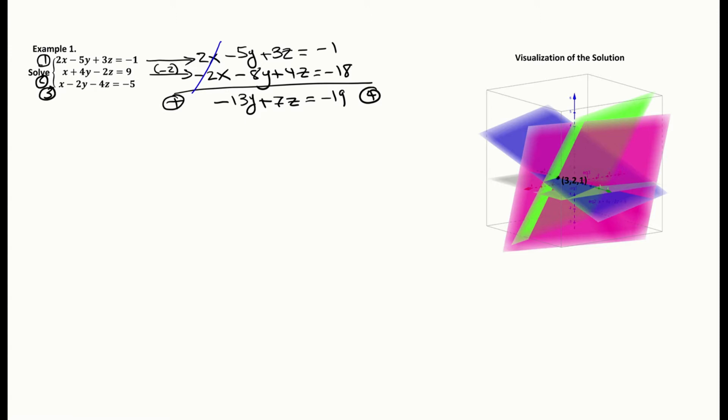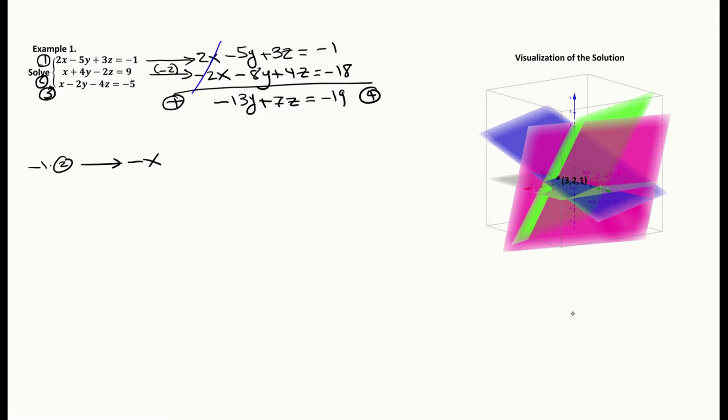So remember, we're going to eliminate the variable x twice, and you'll see in a minute why we're going to do that. So let's go ahead and eliminate x from 2 and 3. So why don't I multiply that equation, which we called 2, by -1 to get -x. We're multiplying this equation by -1 on both sides.